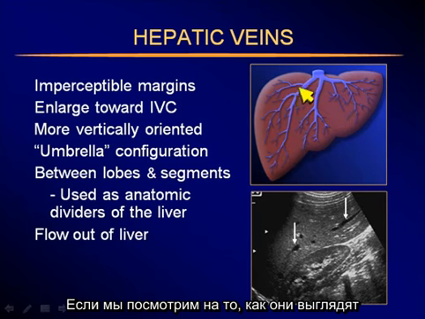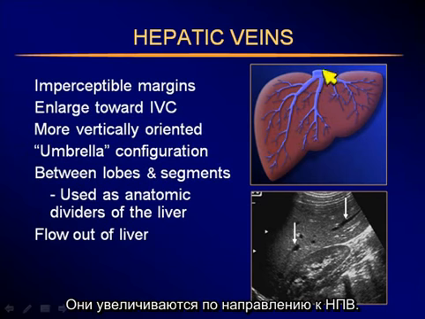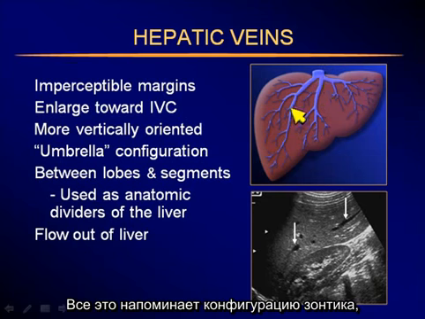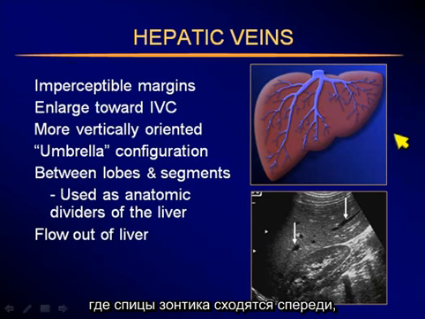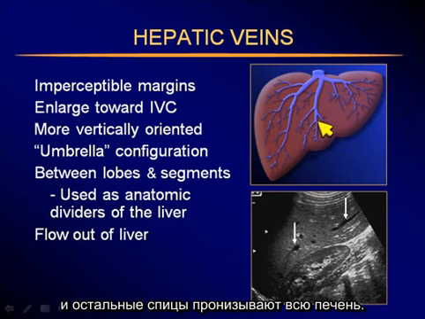If we look at what they look like by configuration, they're more vertically oriented. They enlarge towards the inferior vena cava, and they actually have sort of an umbrella configuration where the spokes of the umbrella come together superiorly and the rest of the spokes drop down throughout the liver.